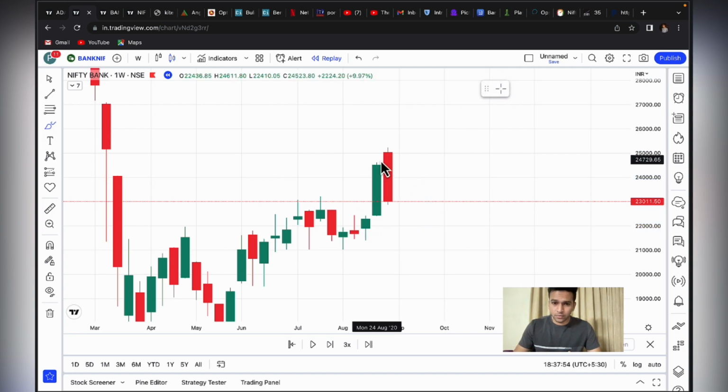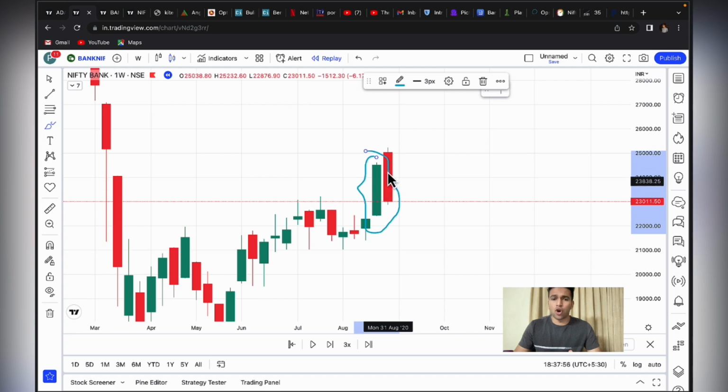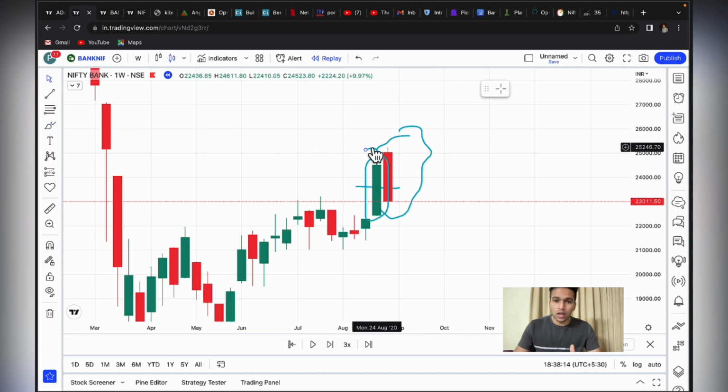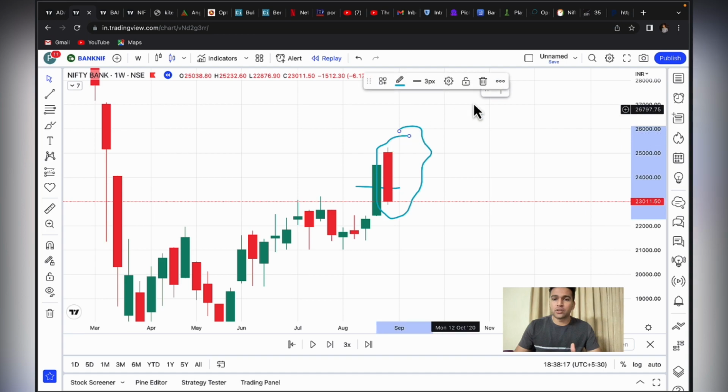The first candle is a normal bullish candle, and the second candle is a bearish candle where the median of this bullish candle is taken down and closed below the median of this bullish candle. This is how a bearish piercing looks.